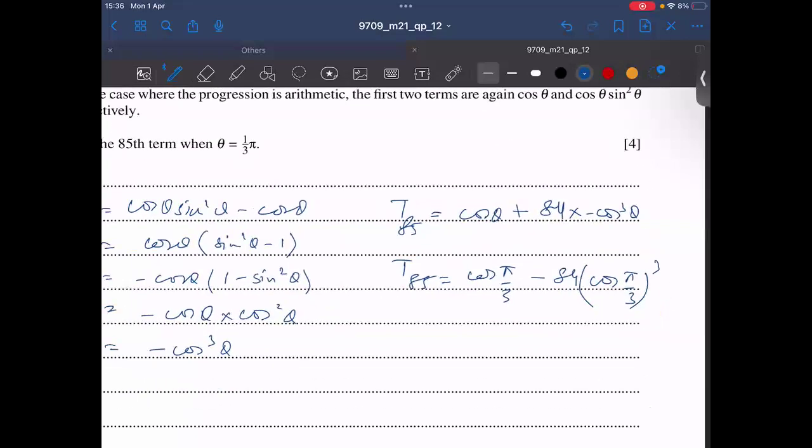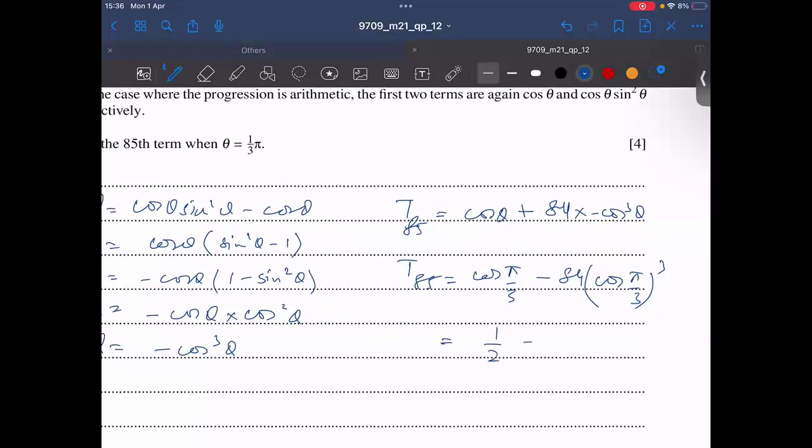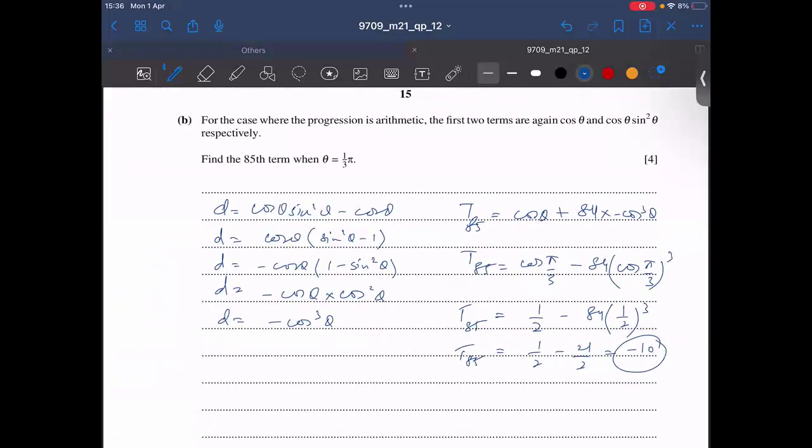So it's going to be half minus 84 times half cube, which is 1 over 8. 1 over 8 times 84 is 10 and a half, which means 21 over 2. So 1 over 2 minus 21 over 2 is going to be minus 10. Is it clear or not? All good?